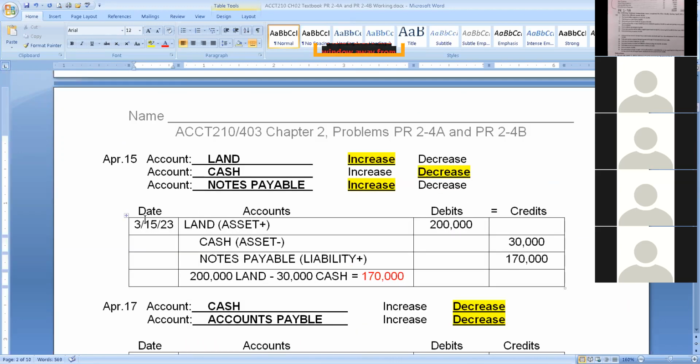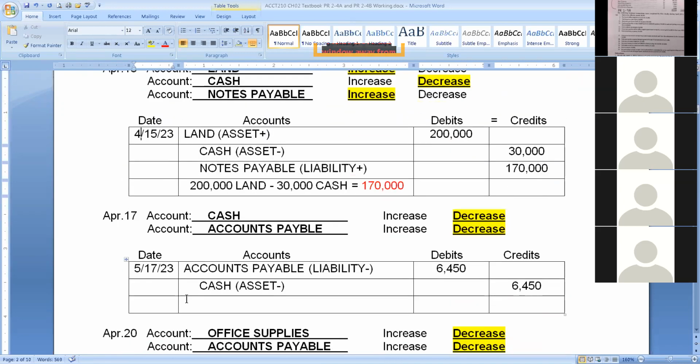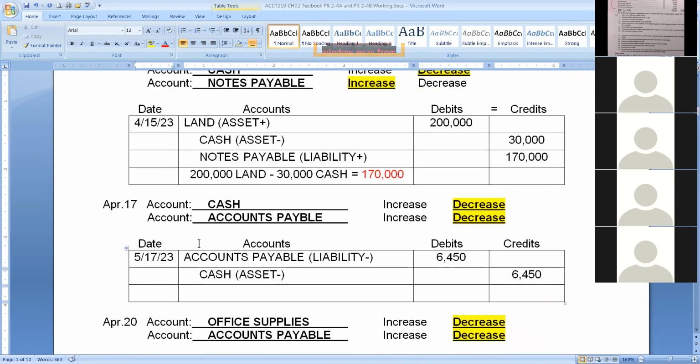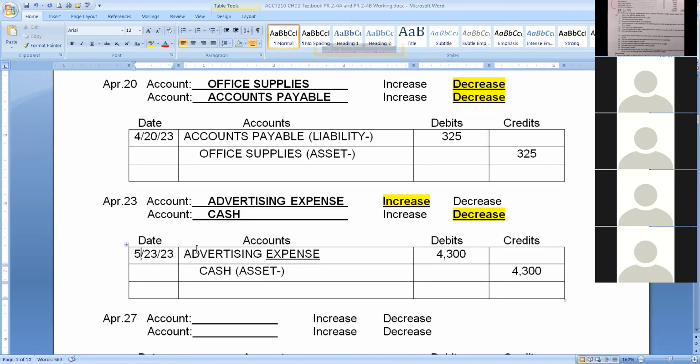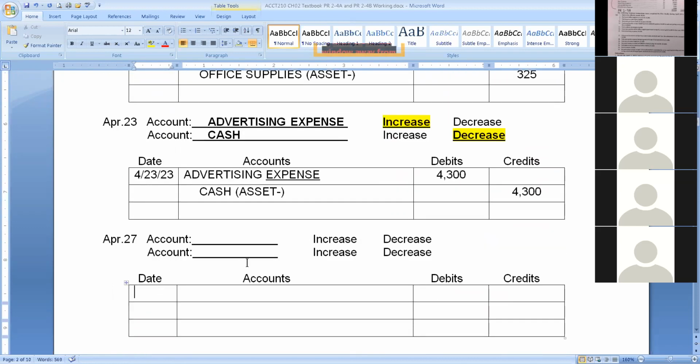Every single one of these is wrong. And even when I changed it down here, I realized I did it wrong. Okay. Brother. Okay.